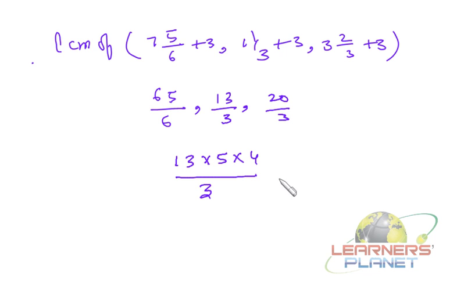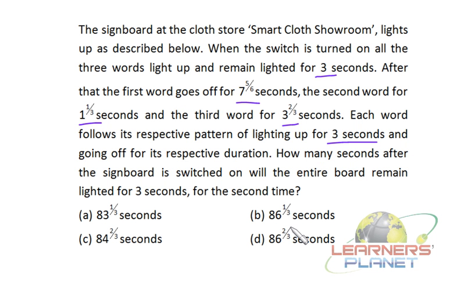So it is 260 by 3, which will be 86 2 by 3 seconds. Okay, as simple as that. So the answer is 86 2 by 3 seconds. That means after every 86 2 by 3 seconds, these lights will glow simultaneously.